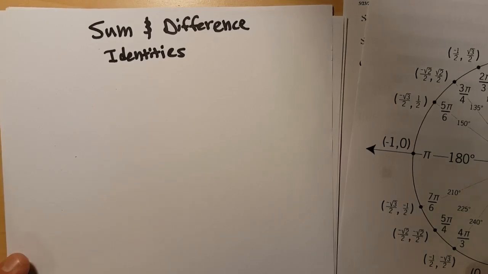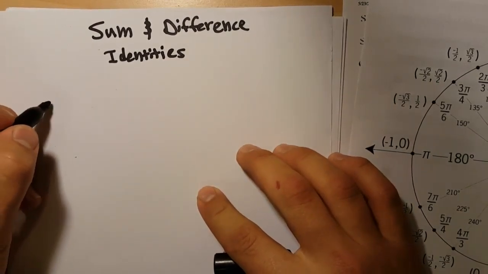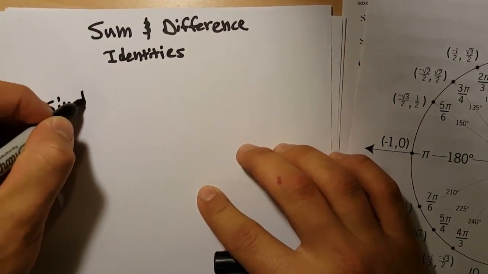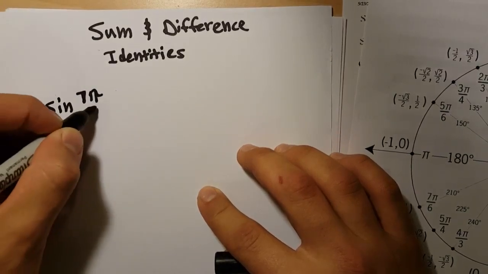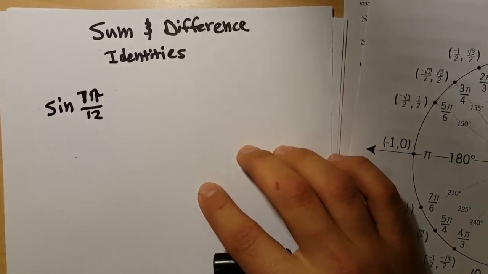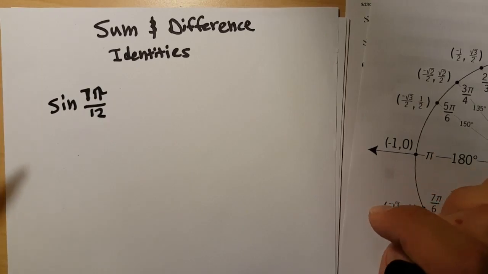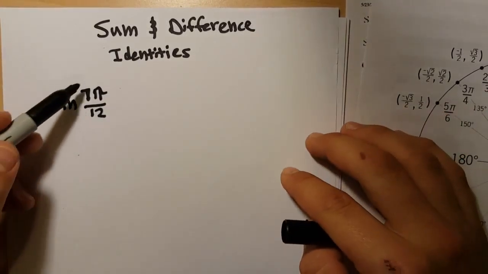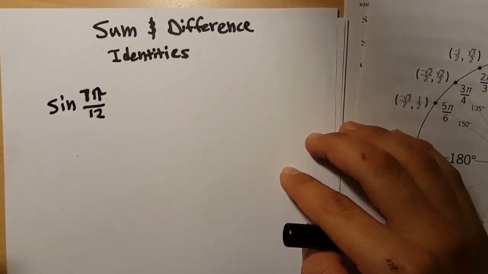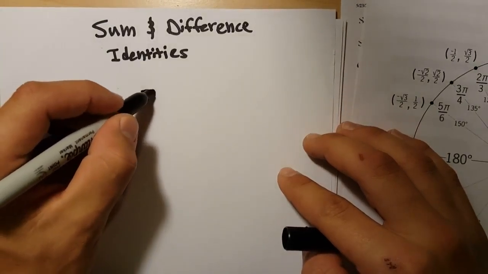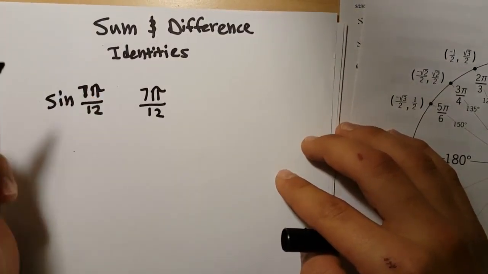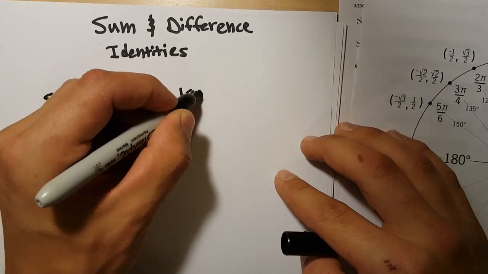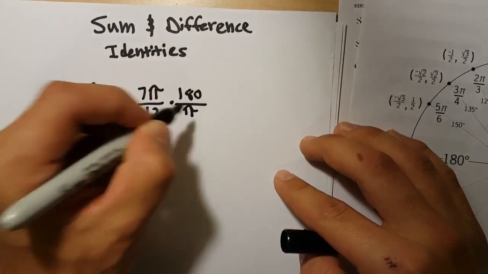So the first problem will be sine 7 pi over 12. The first thing you have to do in order to make it easier is to change this radian into degrees. To do that, you take 7 pi over 12 and multiply it by 180 degrees over pi.